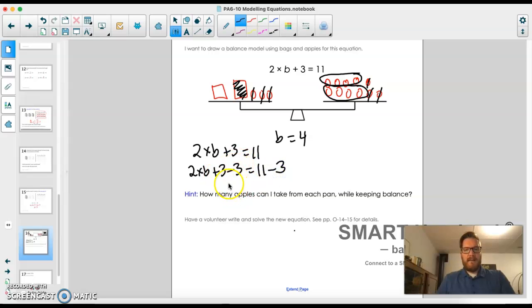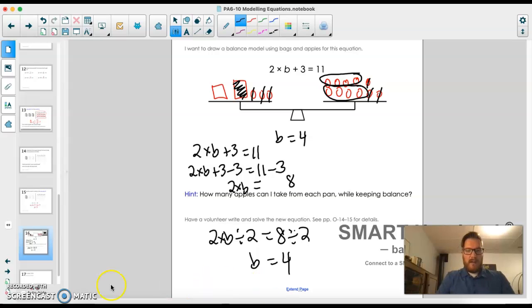So that gets rid of that. So then I'm left with 2 times b equals 8. So then what I need to do is 2 times b divided by 2 equals 8 divided by 2. So that gets rid of the 2's over here. So then b equals 4. Kind of a long thing to do, but that's basically how it all works out.